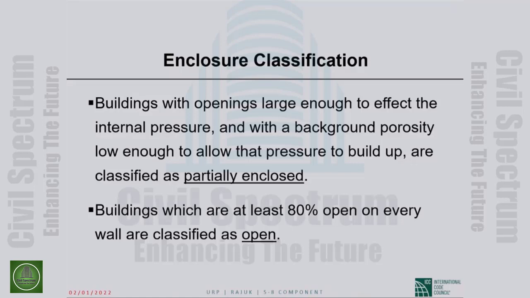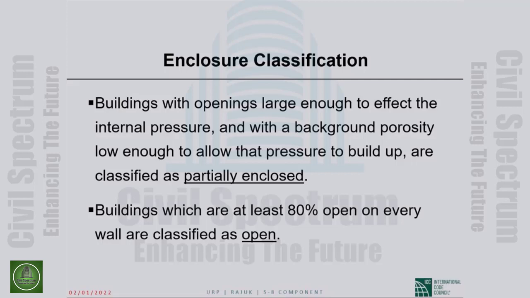I will repeat. It has windward openings, it has suction openings, but windward openings predominate, so we have positive pressure buildup. If a building is not partially enclosed by this definition, then the only two possibilities are that it is open or enclosed.